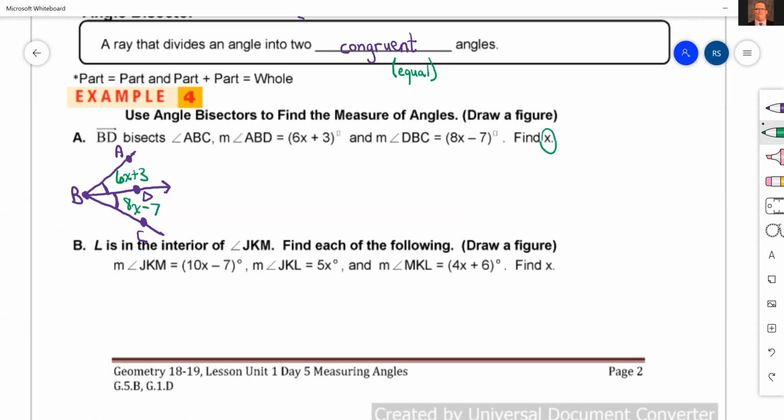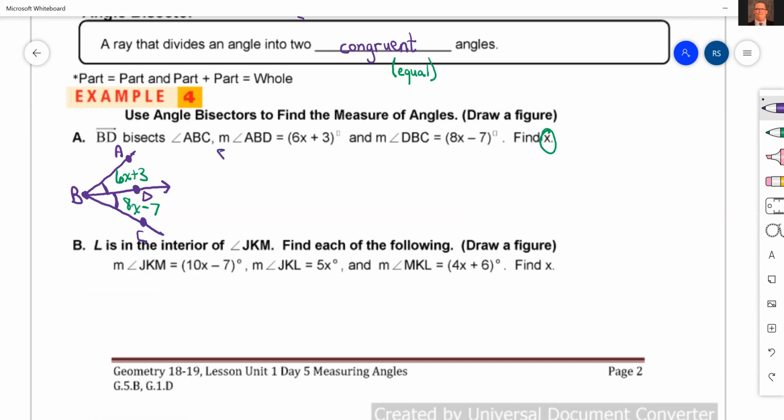Find x. Well, if they're congruent, because we have a bisector here, what does that mean about each individual part? They're equal. So let's set them equal to each other to solve for x.